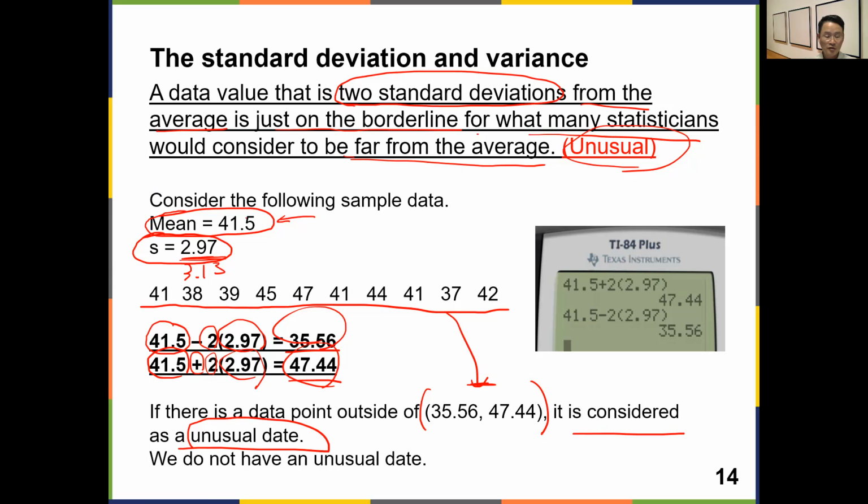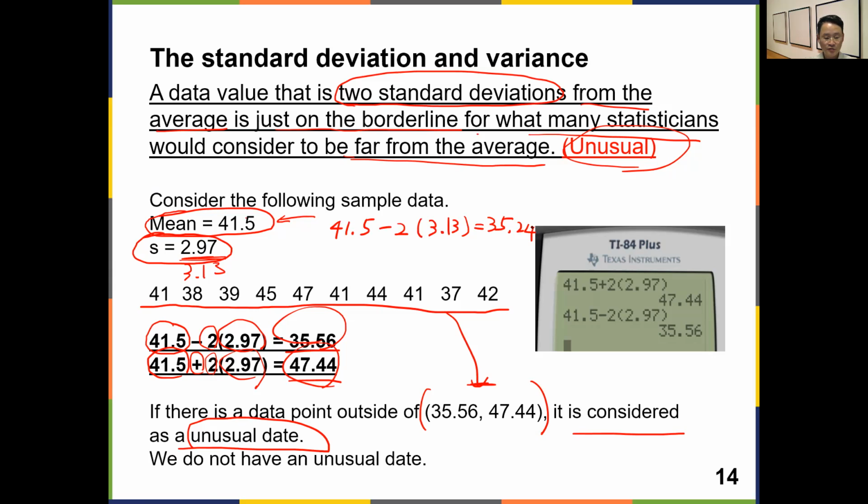You know, because if we think this is a continuing example, then we could have done 41.5 minus 2 times 3.13, that's 35.24.